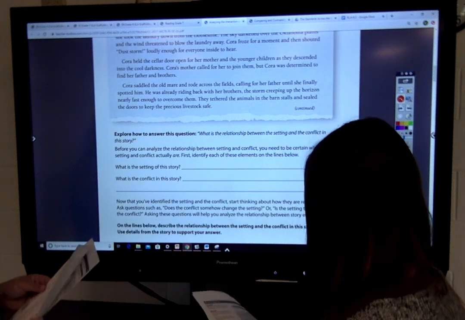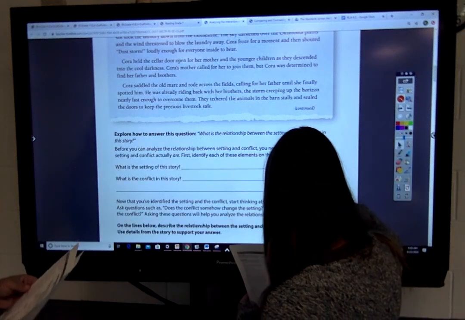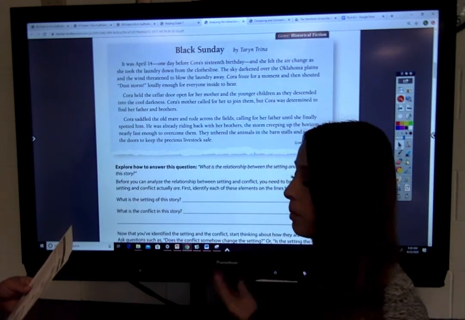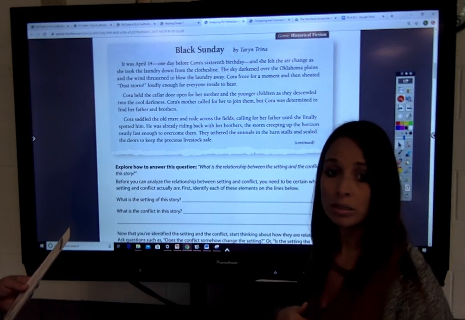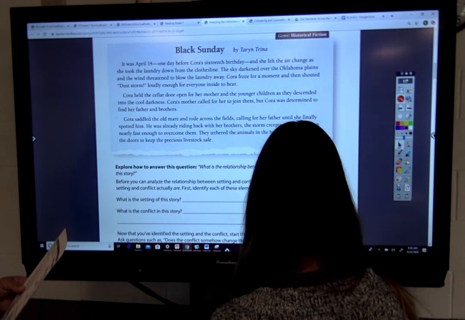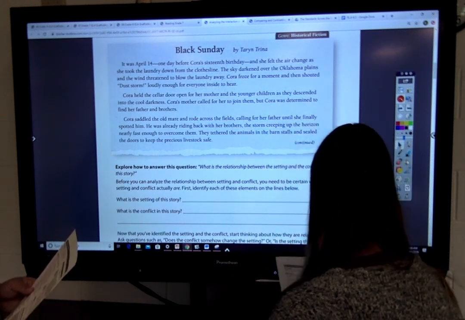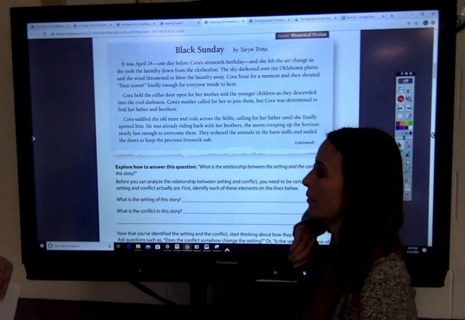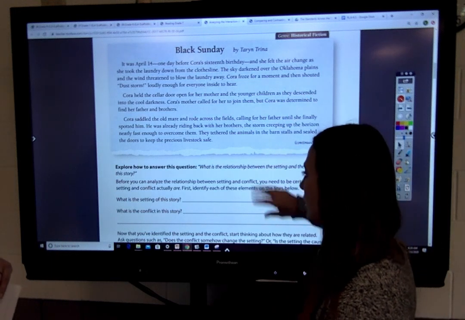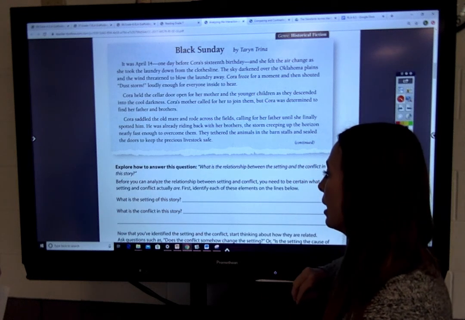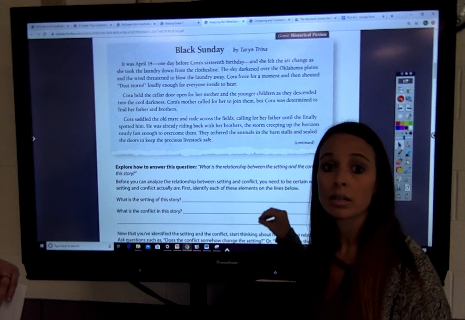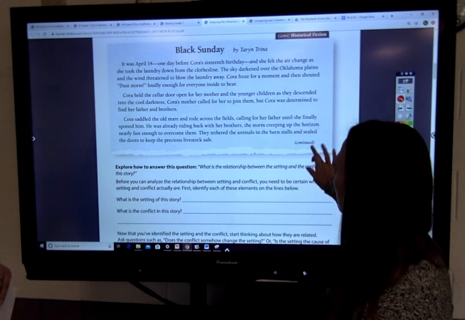Well, we know the connection is that the storm is what's creating this problem. The storm is what's causing the conflict here. Because it's coming across this plain, it's causing this family to be put into danger, and they're having to run to safety and get their livestock to safety. So here we see that it is because of the setting that it causes the conflict.